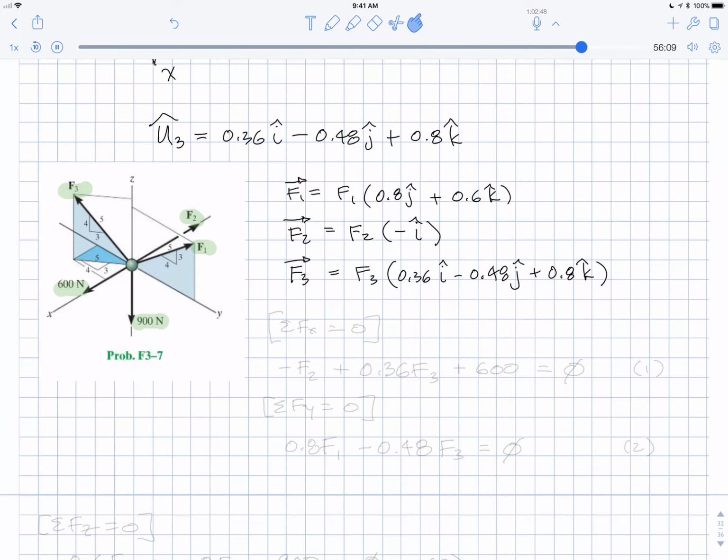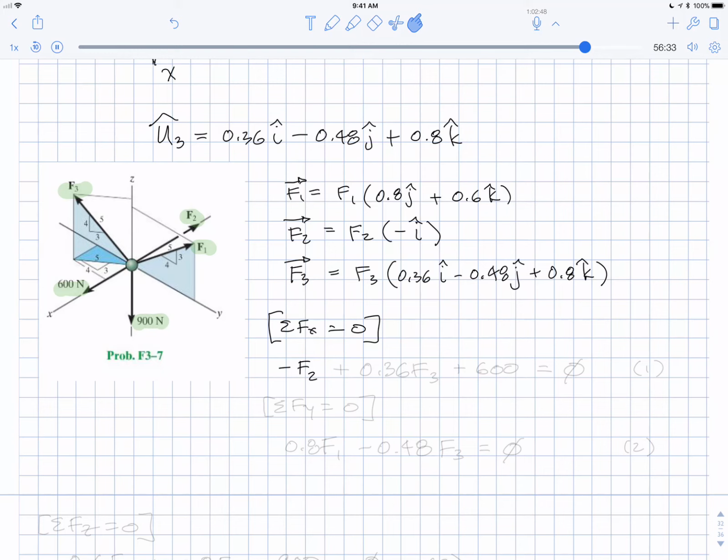So let's start with sum Fx equals 0. We're going to go through the equations for the forces and look at the picture and write down all the x components. F1 does not have an x component. F2 is in the minus i direction, so I'm going to write minus F2.